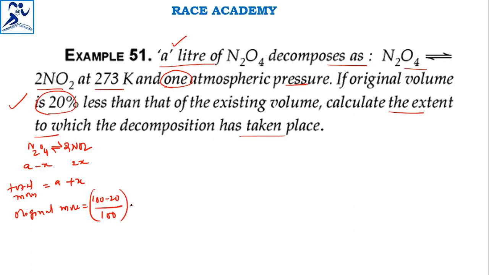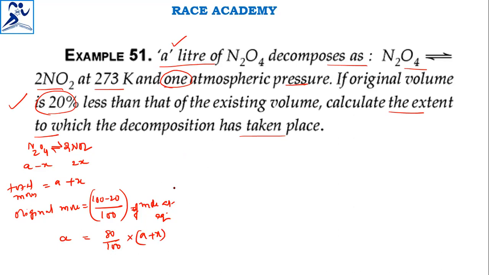So 0.8 is 80% of the moles at equilibrium. So original moles is A, that has got changed to 80%, means 80 by 100 into number of moles at equilibrium, which is A plus X.